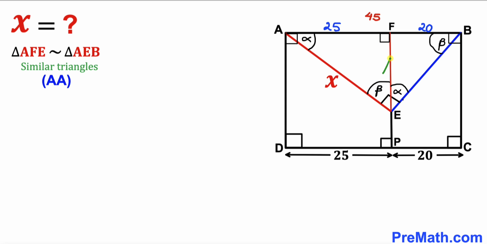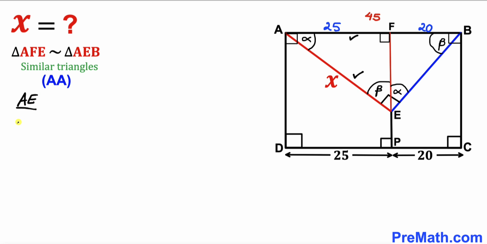Likewise in the bigger right triangle AEB, this is angle alpha, this is angle beta, and this is our 90 degree angle. So we are going to have a proportion.